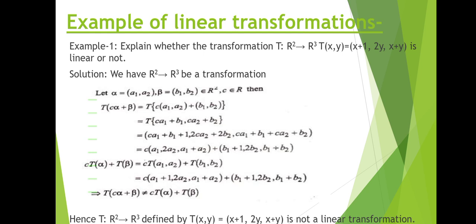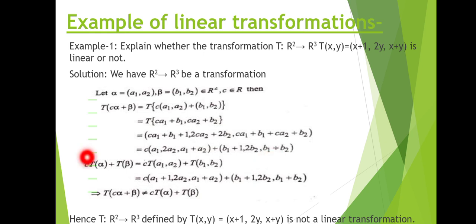Now we get (ca1 + b1 + 1, 2ca2 + 2b2, ca1 + b1 + ca2 + b2). By solving this, taking c common, we get (c a1 + 2a2, a1 + a2 + b1 + 1, 2b2, b1 + b2).